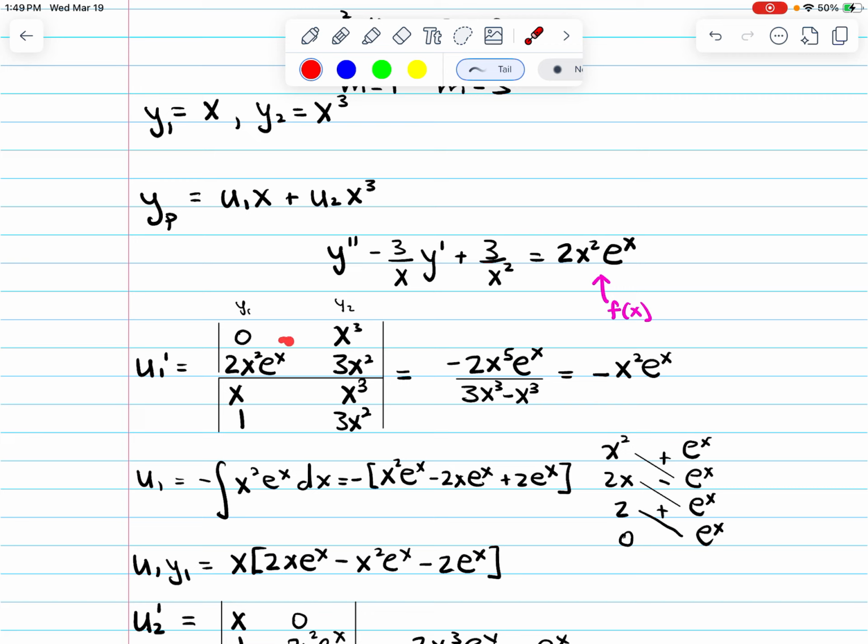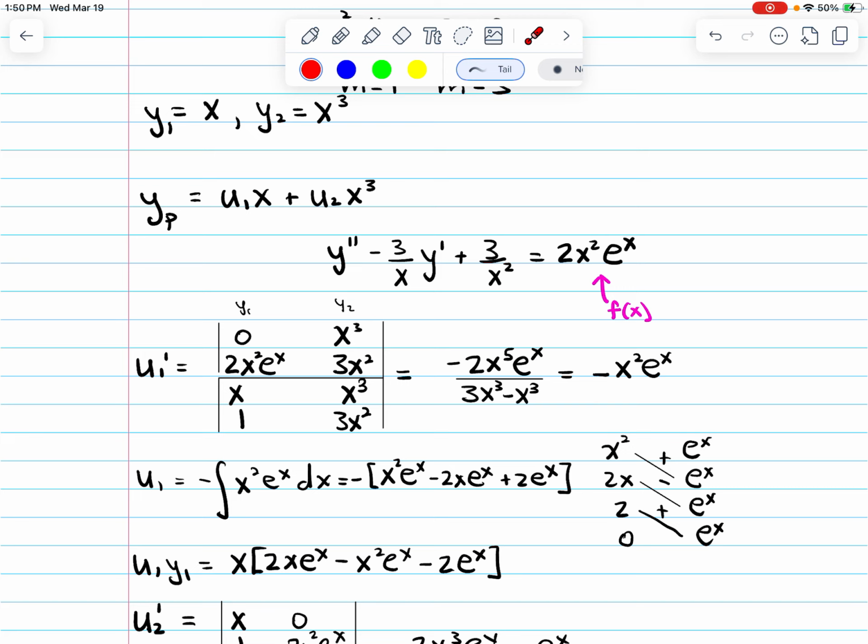Now, I find the determinant. I multiply this minus multiplying this, and I get negative 2x to the fifth e to the x up top. Down on the bottom, I get 3x cubed minus x cubed. Putting that all together gives me this. Now, that's what the derivative of u1 is.